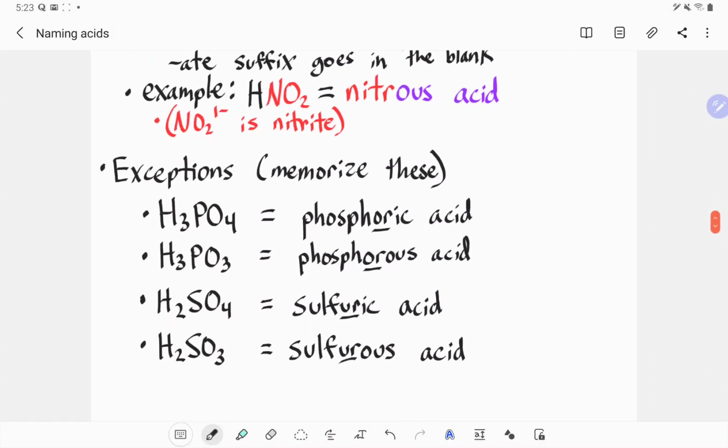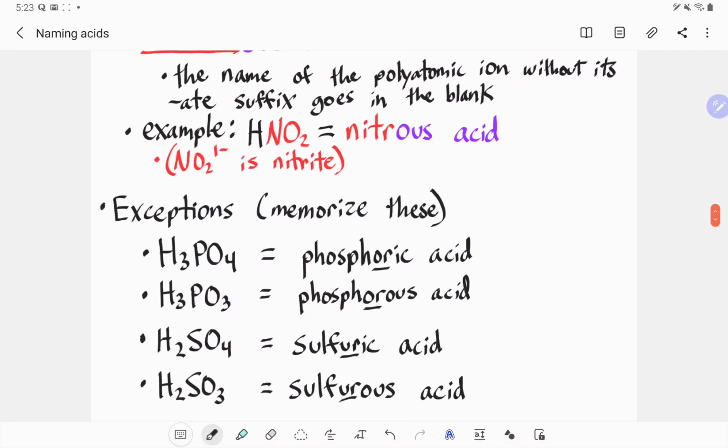We were given some other polyatomic ions that kind of use these rules, but they have some exceptions. And the last thing I'm going to do here is go through these exceptions. So here we have some acids. We have phosphoric acid, phosphorus acid, sulfuric acid, and sulfurous acid. And we're going to talk about how these are very similar to the naming rules.